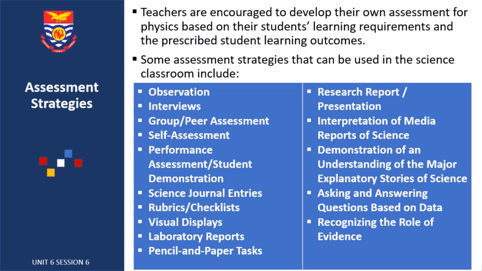All these are strategies that the teacher can use in assessing students' learning outcomes. In the subsequent session, we will look at some of these strategies and how the teacher can use them to assess students' learning outcomes.